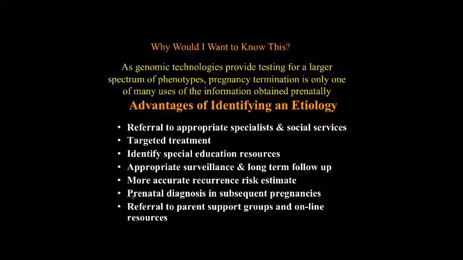So one of the things we have learned from patients is that they really are able to comprehend this information, and they really are able to use it to improve the management of the child after birth.